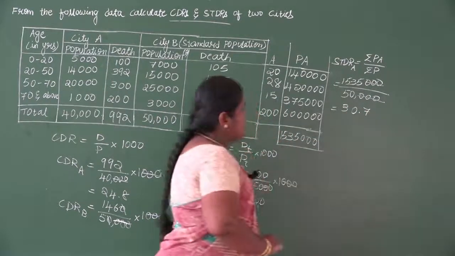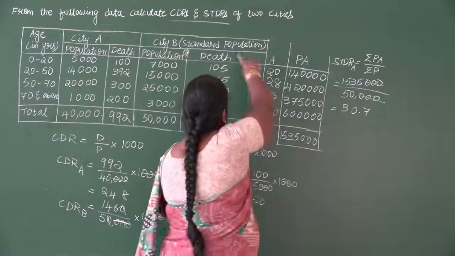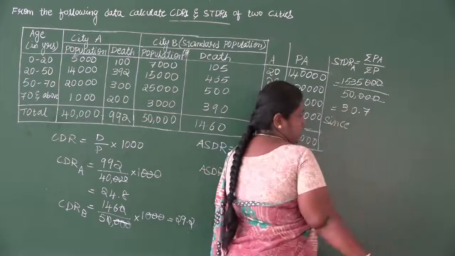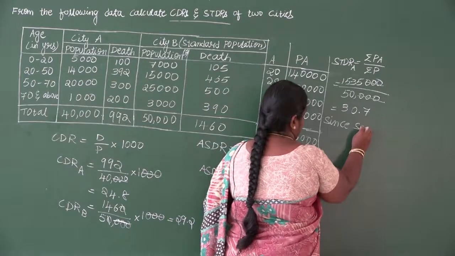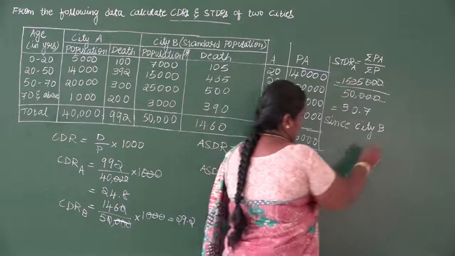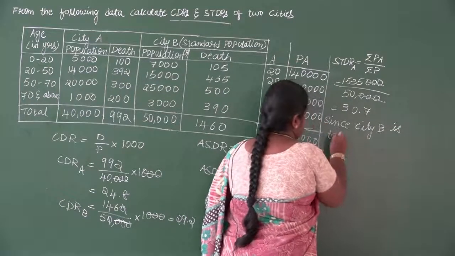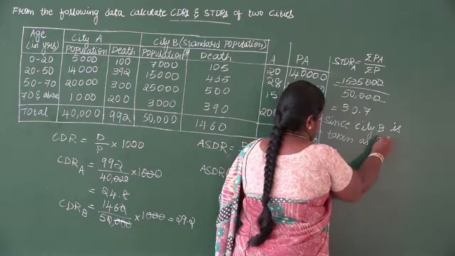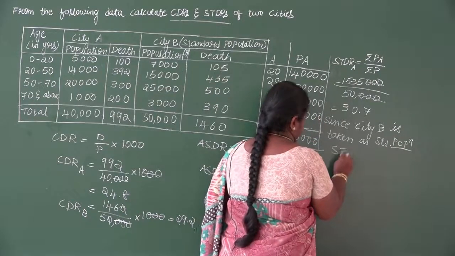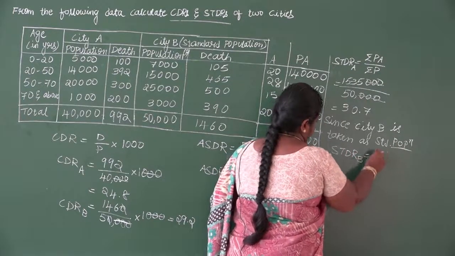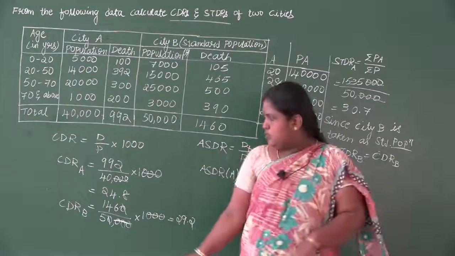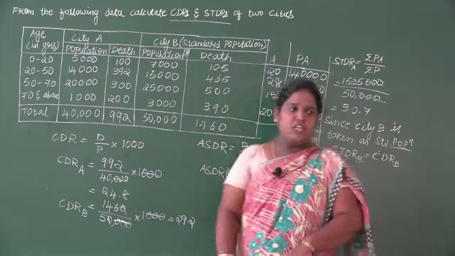So the standardized death rate of A is 30.7, and since the standard population is town B, the CDR and STDR of town B will be the same. Since city B is taken as the standard population, STDR of B equals CDR of B, which we have done here, CDR of B is 29.2.